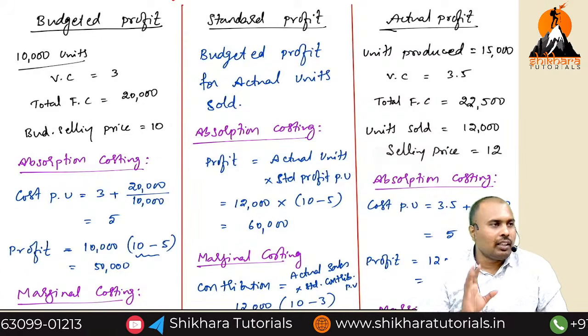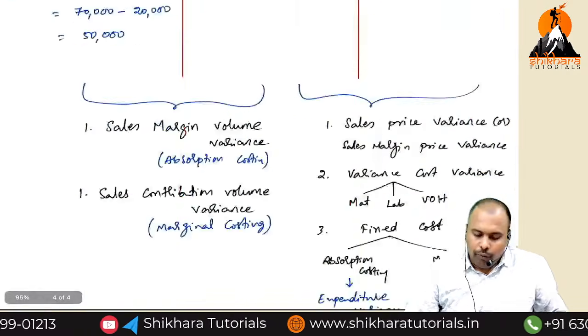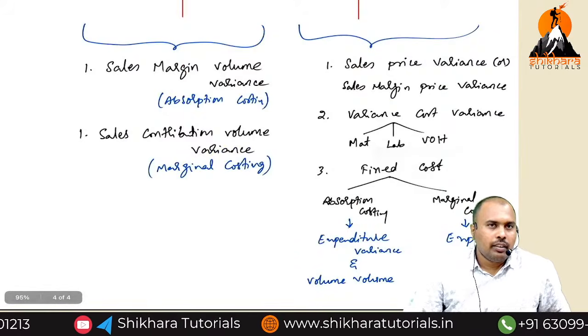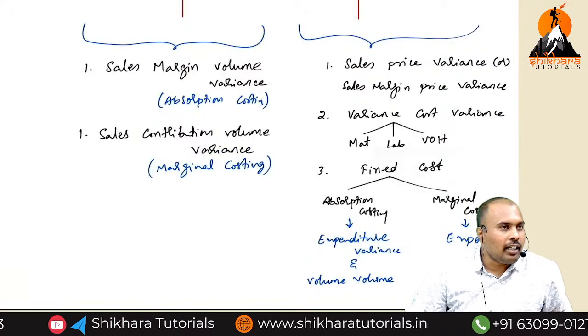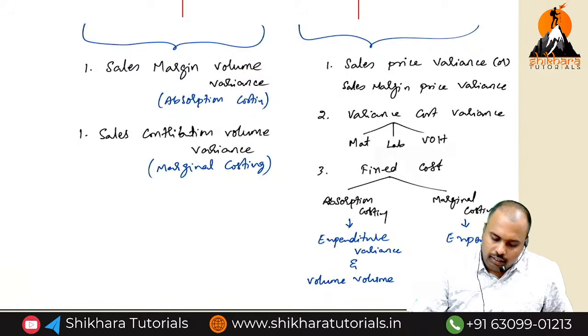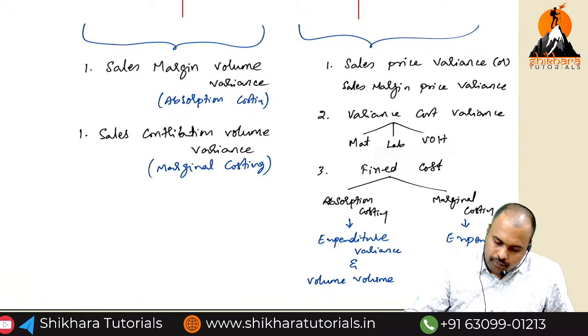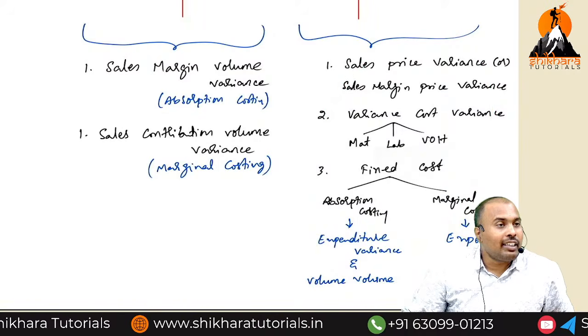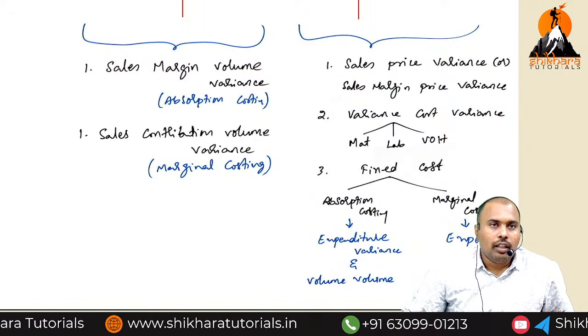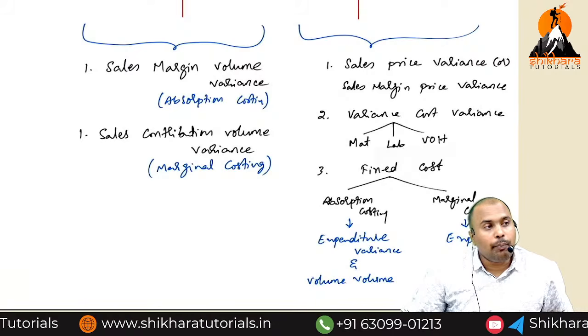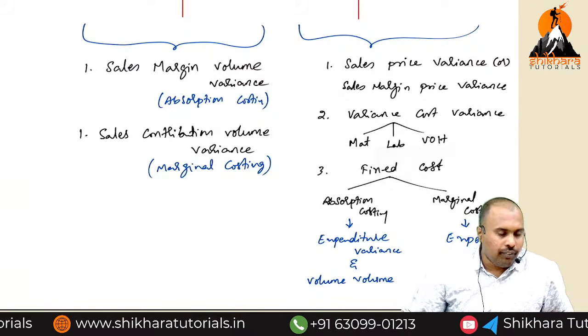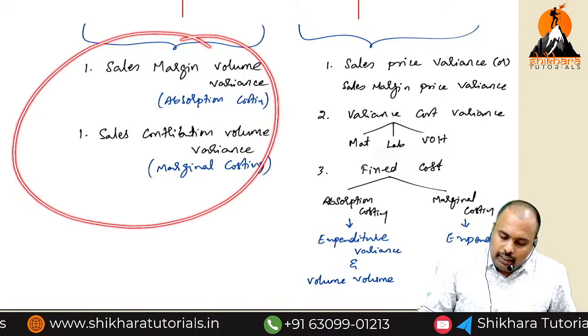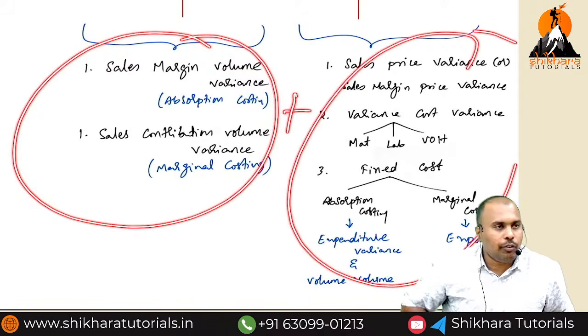Just to make you understand. Clear? Now, whenever they ask you the difference between standard profit and budgeted profit, adjust only this. Whenever they ask you for reconciliation between budgeted profit and actual profit, then this plus this, both we have to adjust.